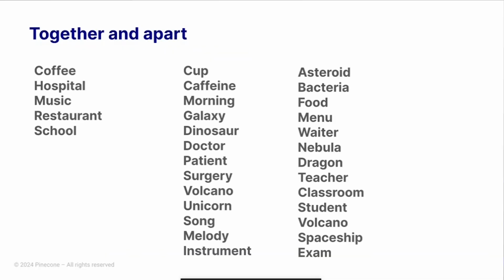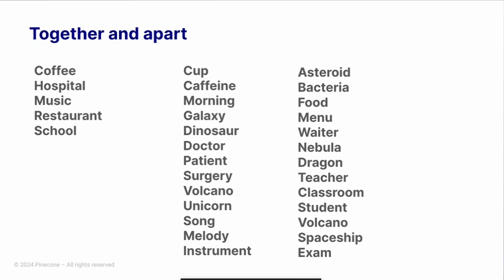So how does this magic math work? Well, remember the vector databases work by grouping similar vectors together and dissimilar vectors further apart. Let's look at the three columns again. The first column lists coffee, hospital, music, restaurant, and school.